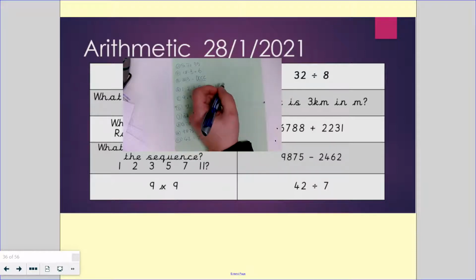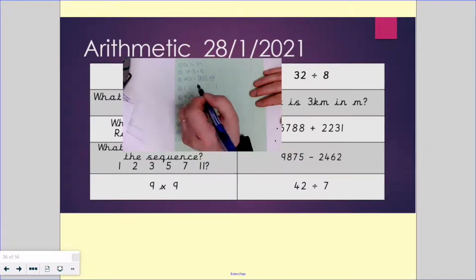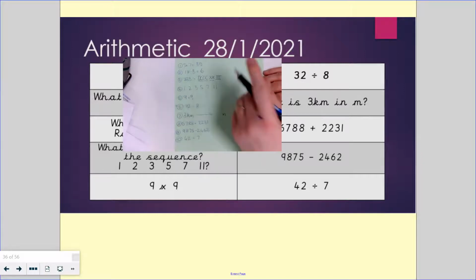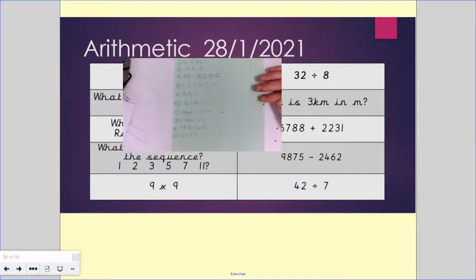There are 2 tens, and in Roman numbers, tens were X's. So we've got 2 X's. Okay, and then for 3, we just have 3 ones or I's. So you should have 823: DCCCXXIII.